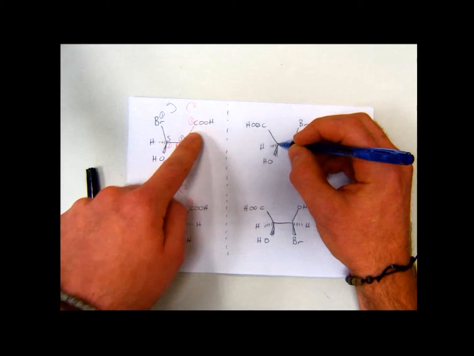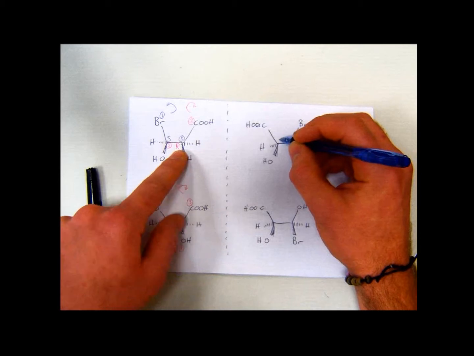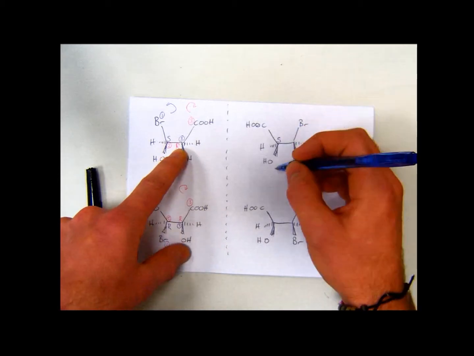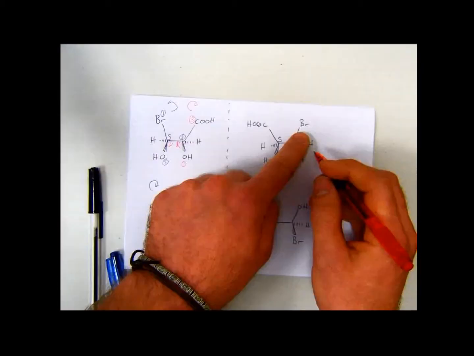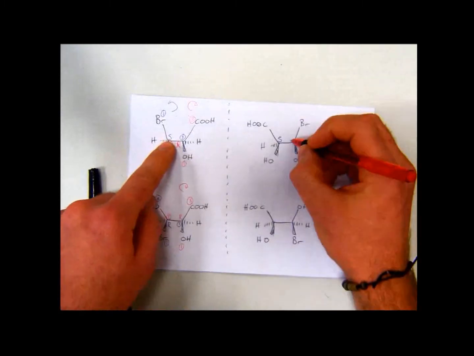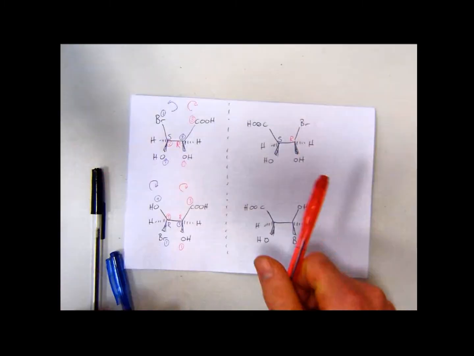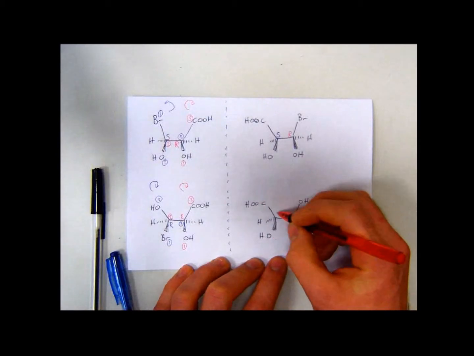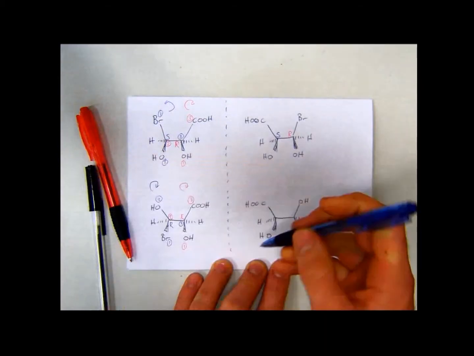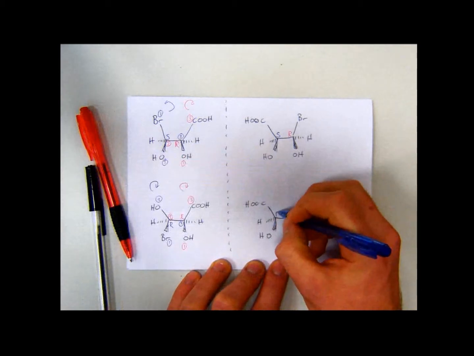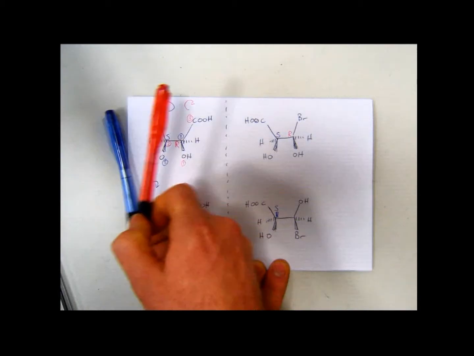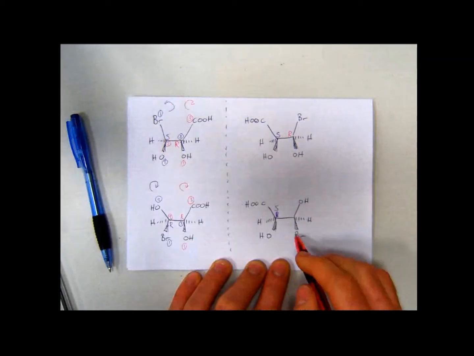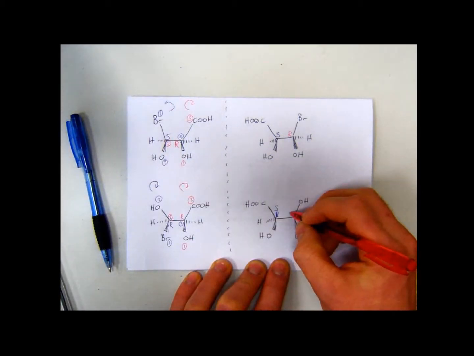The side with the carboxyl group used to be R, it's now S. And the side with the bromine used to be S, is now R. The same for the bottom molecule, carboxyl group R, S, and the side with the bromine is S.